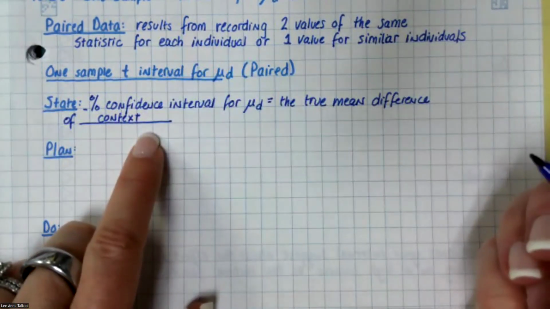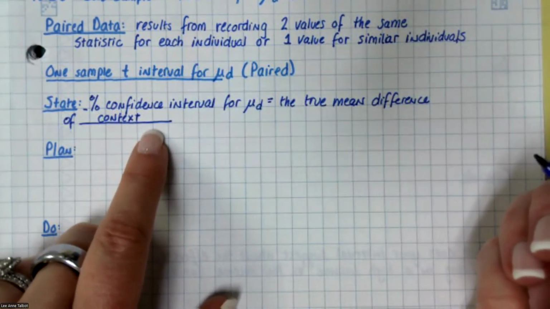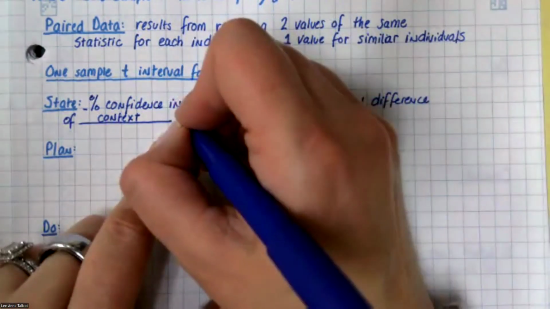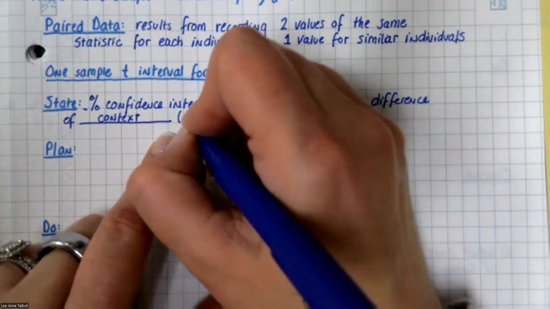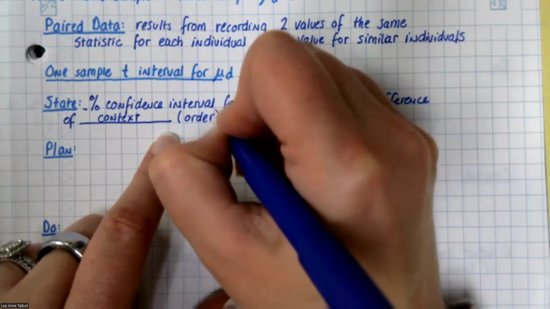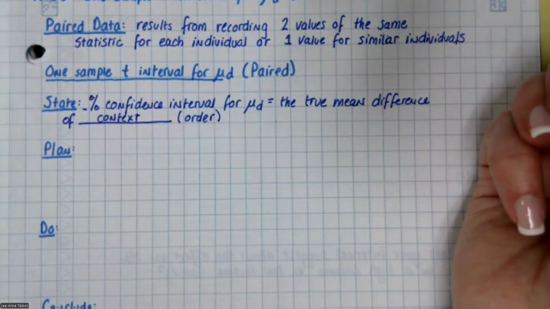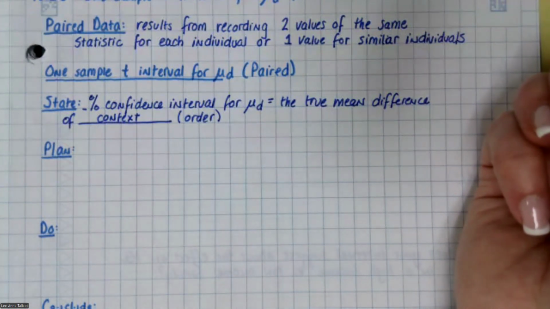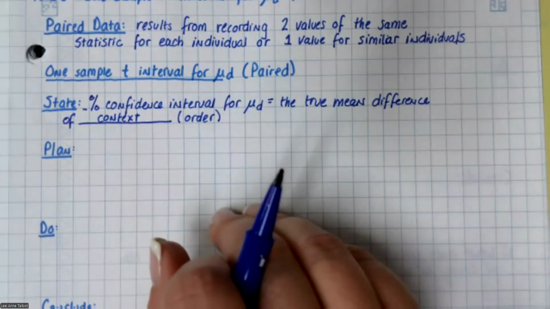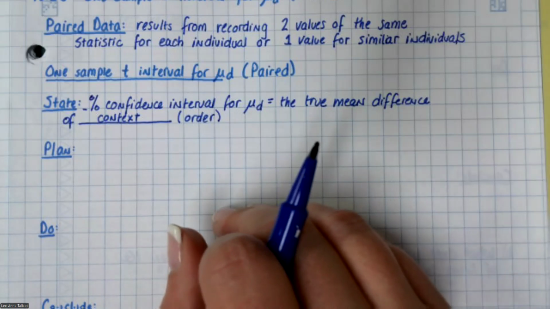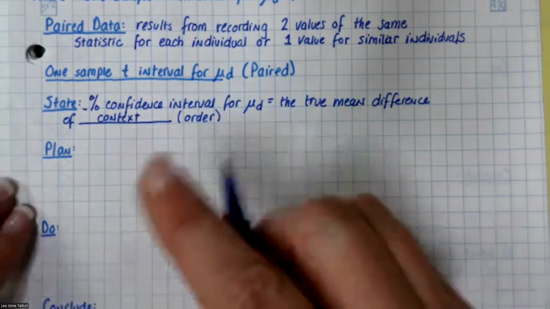Probably your two things that you're subtracting in the problem. Okay, however, in this one, you need to make sure that you put a subtraction order in the state. So if you look down at your cut and paste problem, there's twin A and twin B. So at this point is where we will make sure that we establish the order A minus B or B minus A or whatever.